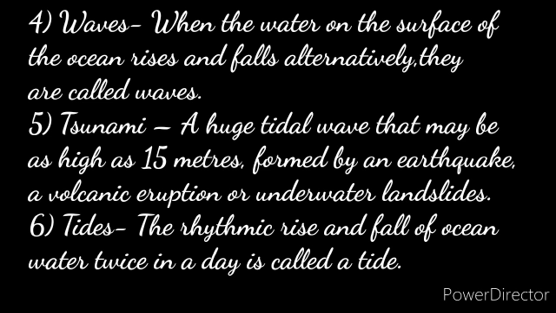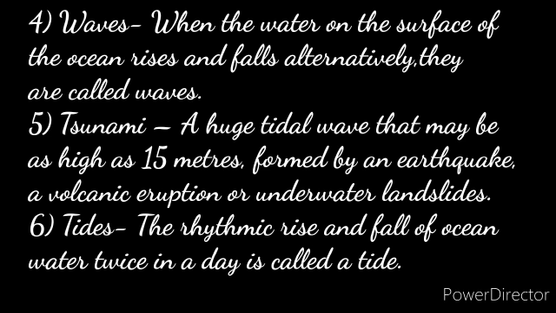Fifth number is tsunami. A huge tidal wave that may be as high as 15 meters formed by an earthquake, a volcanic eruption, or underwater landslide is known as tsunami. And next, sixth number is tides. Tides is the rhythmic rise and fall of ocean water twice in a day.